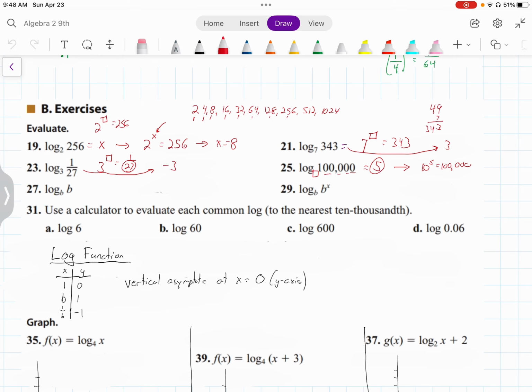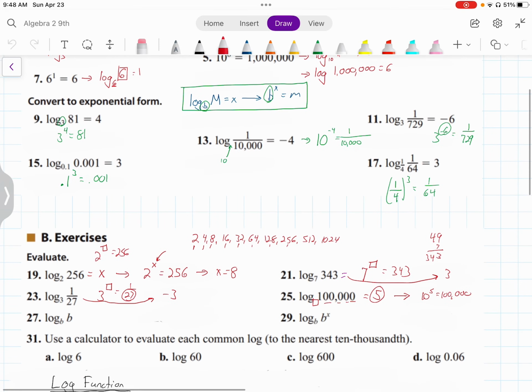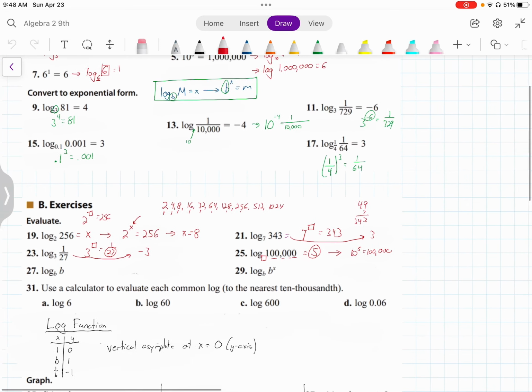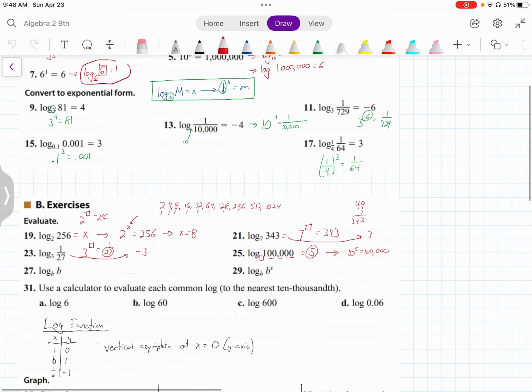Number 27 actually reminds me of the one we went over earlier that I mentioned. Log base 6 of 6 equals 1. So this one here is equal to 1 because b to the first power equals b.